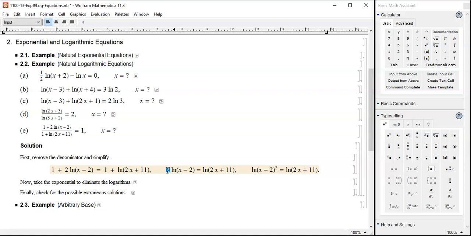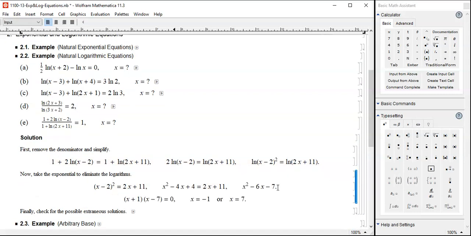But if I move this 2 on top like this to power, now I'm ready. I can remove log, and then you're going to get x minus 2 total quantity squared is equal to 2x plus 1, and solve the resulting quadratic equation. Basically what we do here is taking that exponential and then exponential. Therefore, we are getting this logarithm away.